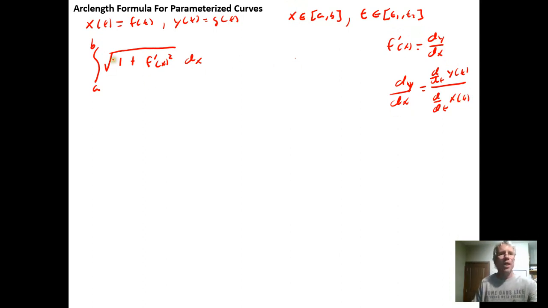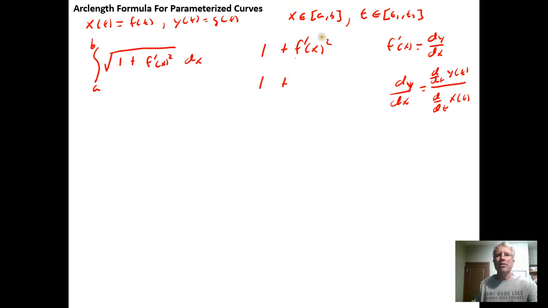So let's do some side work on the stuff under the square root sign. I have 1 plus f prime of x, and it's squared.